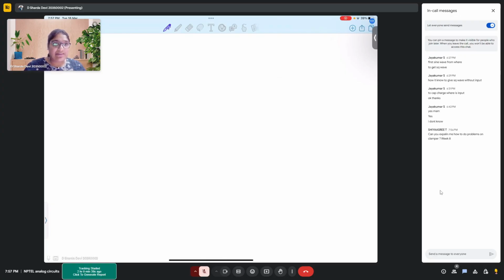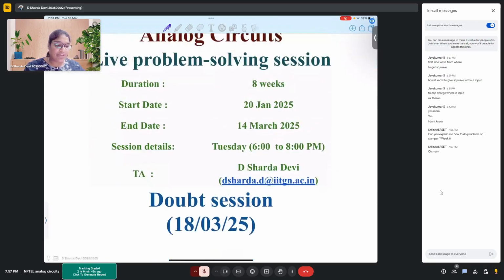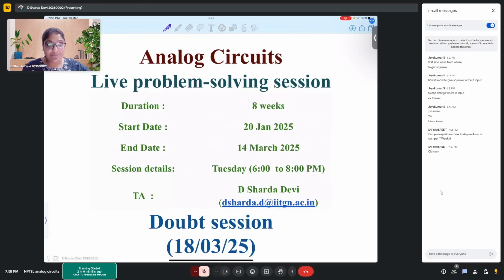So there you can attend. But still, if you have some doubt, you can write to me. You have my email ID, right? So my email ID is always there. I don't want to take up clampers in haste. Clampers is a good topic and it needs better clarity. So you can ask the TA, and still, if you have doubt, feel free to write to me.